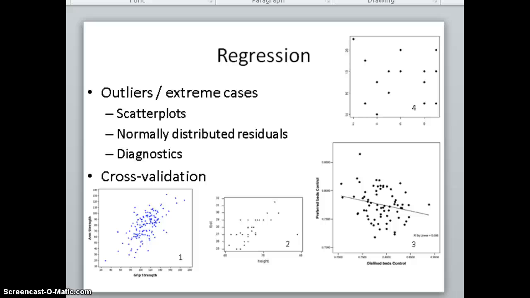So in a way, you're comparing two different data sets to see: is this line of best fit just for this sample, or does it generalize? Is this more of something that we might find in the population? Cross-validation is one way of doing that, and Andy Field talks a little bit more about that in his chapter on regression.